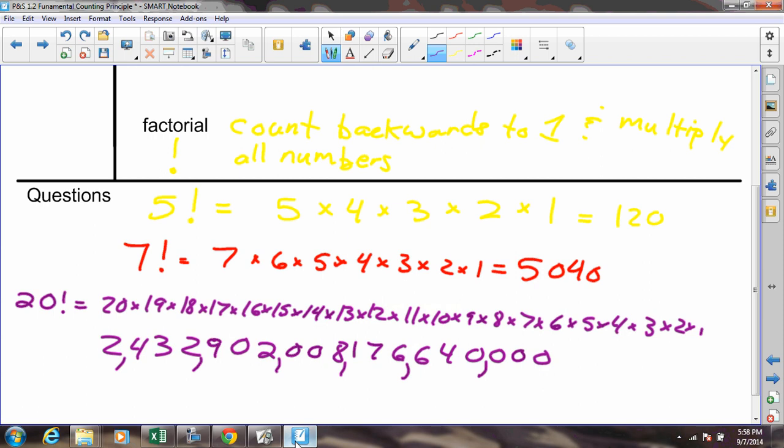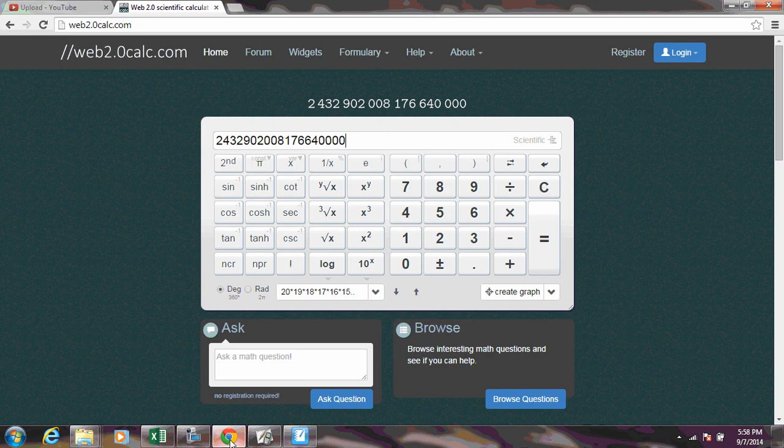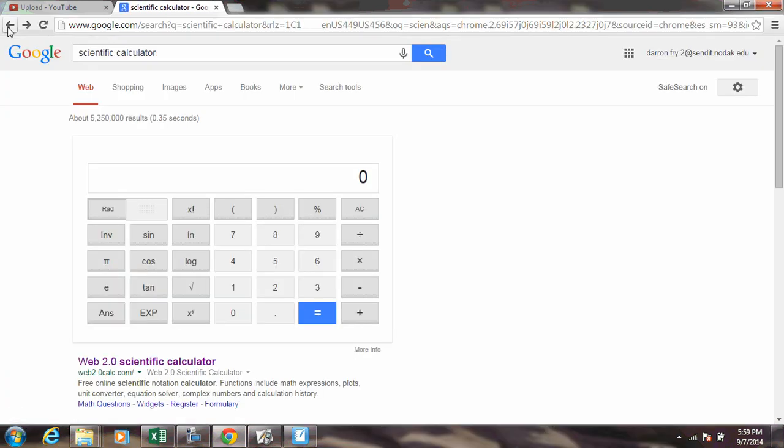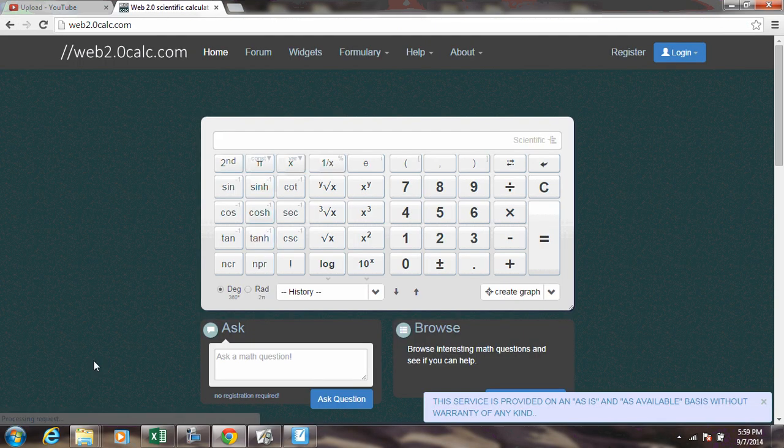Fortunately, this calculator has a very nice shortcut attached to it. I would like to point out where I found this one. If you do just a quick Google search for scientific calculator, it will pull up this piece. I don't want to use this one. I actually went to the next one, this Web 2.0 scientific calculator. That's a free one that I was using here.